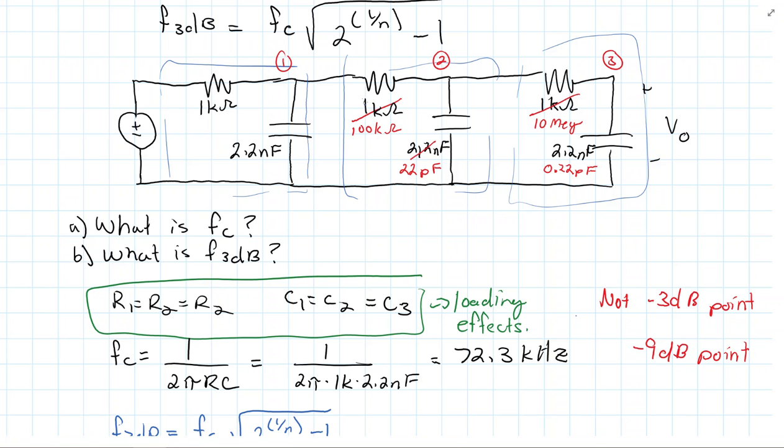And then if you added a fourth stage, now you're talking about a 1 gigaohm resistor. I'm sorry, not a 1 gigaohm, a 100 mega ohm resistor. No, wait, it would be a 1,000 mega ohm resistor or 1 giga ohm resistor. And now we're talking about a 0.22 femtofarad capacitor, which is just unrealistic to have.